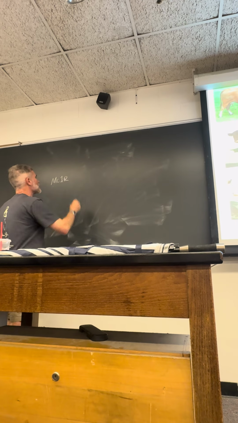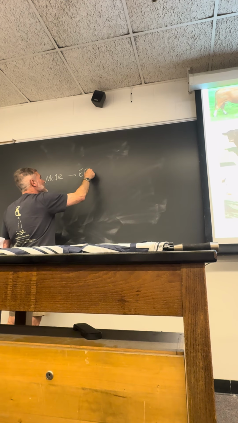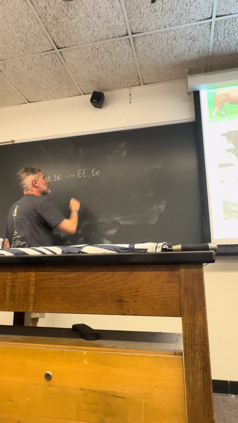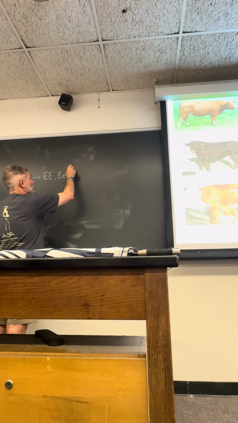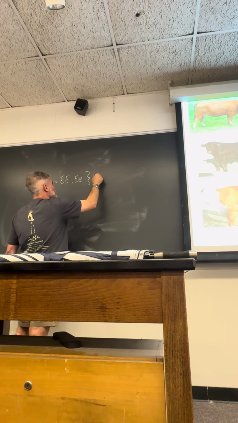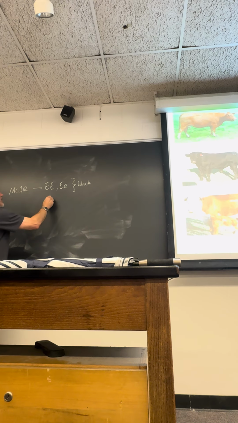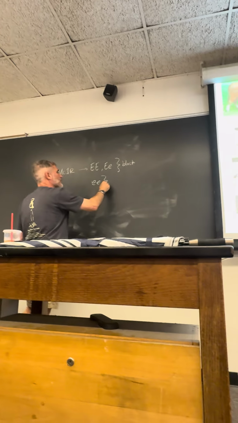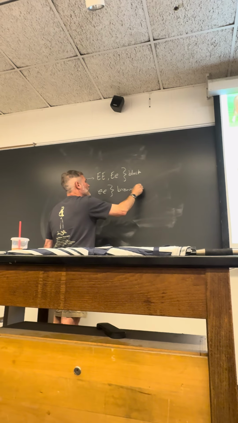The MC1R gene is usually designated as an E. So if you had a dominant copy, at least one, or homozygous dominant, in most organisms this would result in a very dark color, like a black color. If you had a recessive, and this is specific for our cattle example here, you would have a brown or some people call that red.